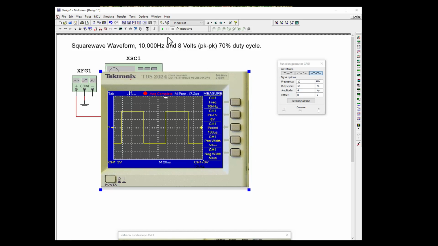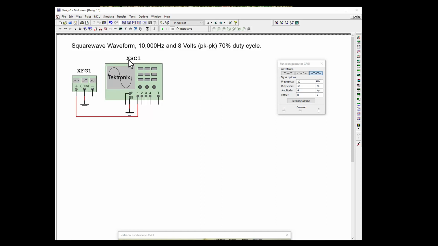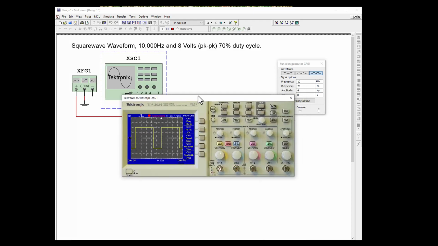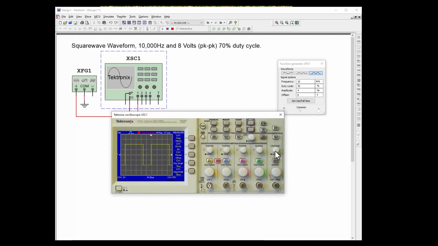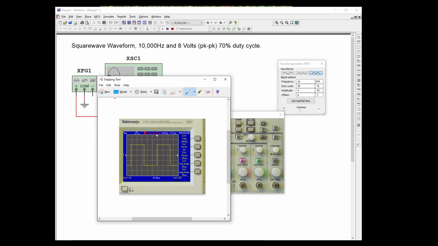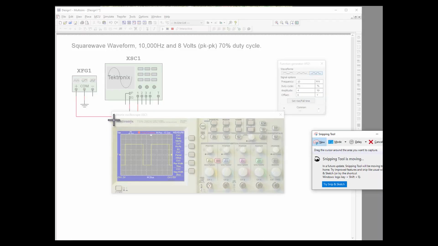Okay, so let's go do our next one. So let's get rid of this, and let's change our duty cycle to 70. Okay, and restart it. Bring back our scope, and let's get a little more. There we go. So let's go ahead and make a copy of that again. Make sure that you can see the good stuff.